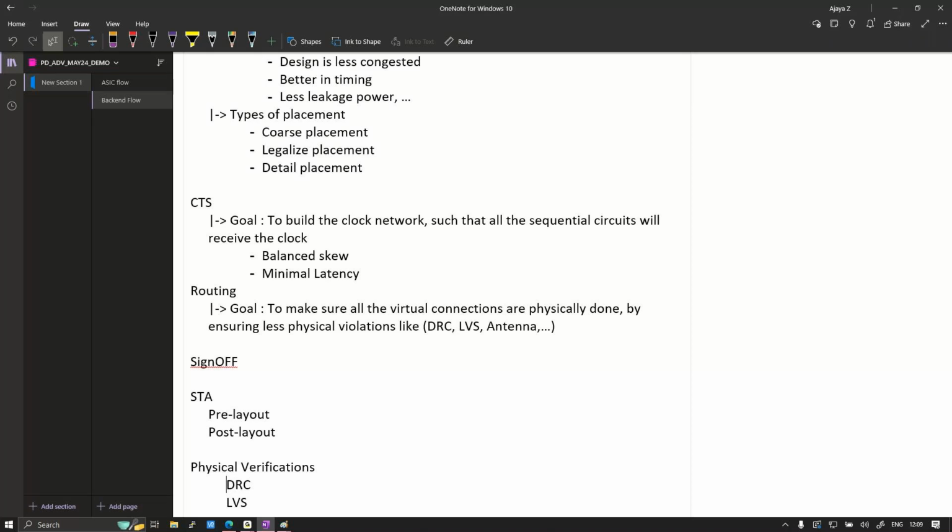As I said earlier, if you know coding languages like Verilog, SystemVerilog, or you're comfortable with coding, you can go with front end. If you are less comfortable with coding and want to work on timing, cell placement, and physical layout structuring, I suggest backend.